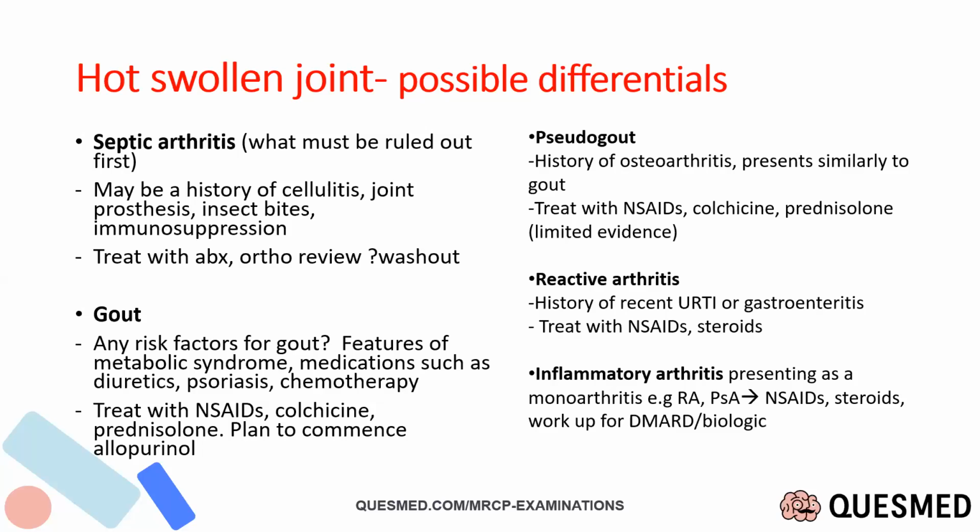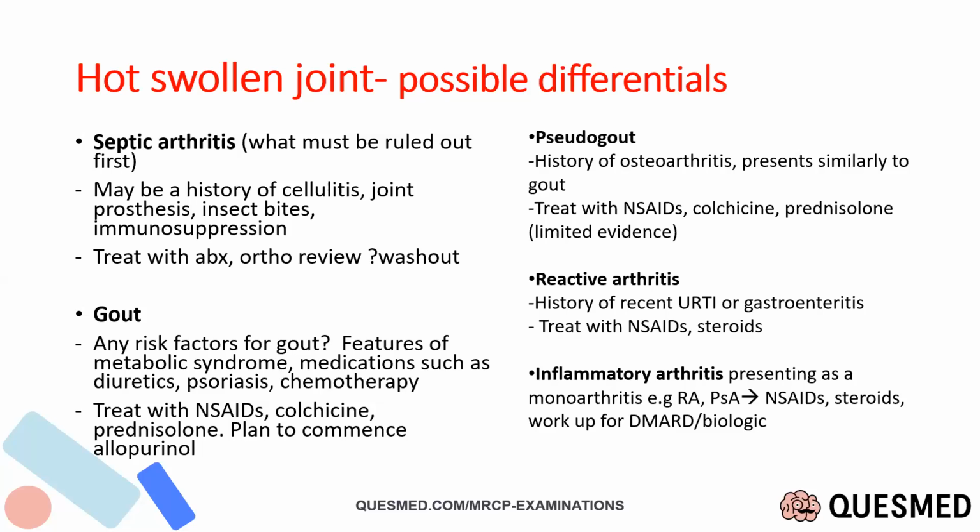Pseudogout can present very similarly to gout. You might have a history of osteoarthritis. They might show you an X-ray with some chondrocalcinosis. And again, the treatment, although it's not as effective in pseudogout compared to gout, is the same. So it's NSAIDs, colchicine, and prednisolone.